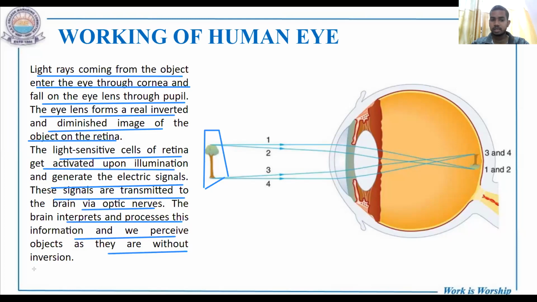were, without inversion. This is why I asked the question of how the image is formed on the retina, as we observe the image as the object, not inverted but erect. Some may say that the image is real and erect, but no, the image formed is real and inverted.